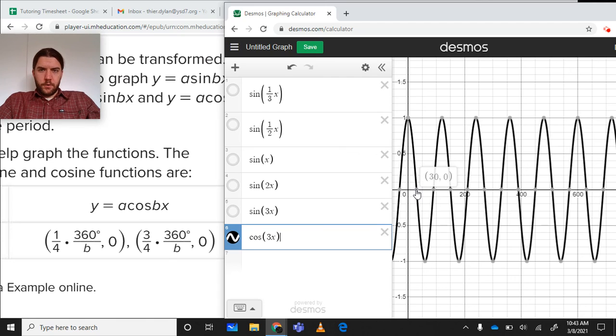Okay, and there it is, our first intercept at 30 degrees. Our next intercept is going to be 3/4 of the way through our period, right? Our period in this one is 120. So 3/4 of the way through that should be 90. That's what we get when we do 360 divided by 3, so 120, and then we do 3/4 of that.